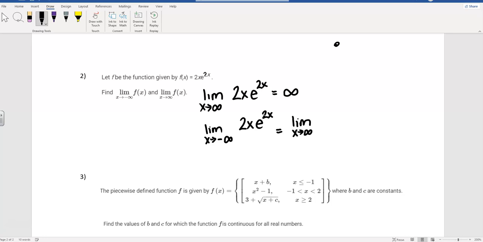I'm going to make it a positive infinity problem, which means I need to make both of my x's negative. Well, technically it's 2 times negative x right there. So this is still equivalent to what I had. So if I simplify this further, the 2 and the negative x is just going to be negative 2x. And I'm going to write this as e to the negative 2x.